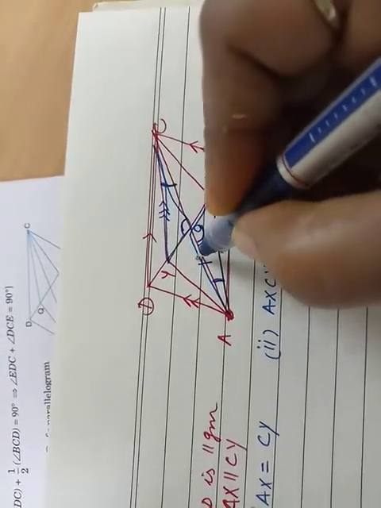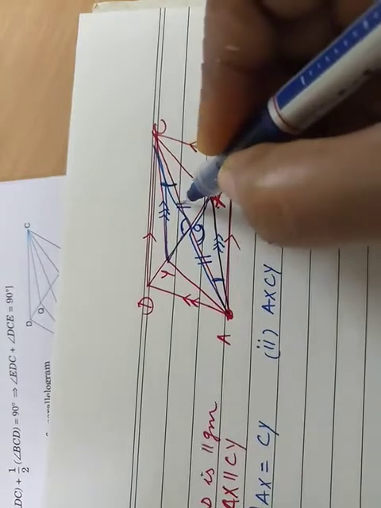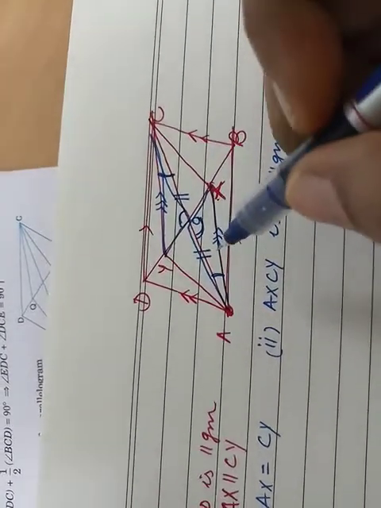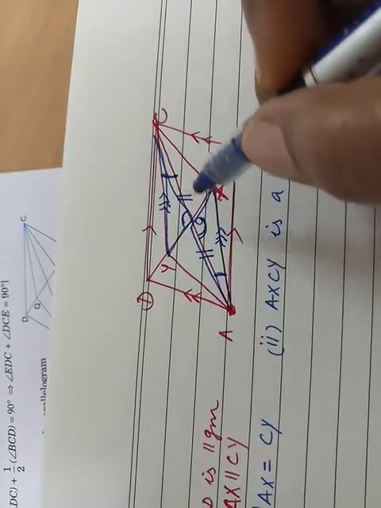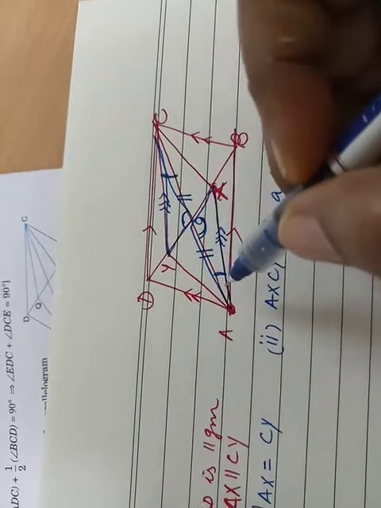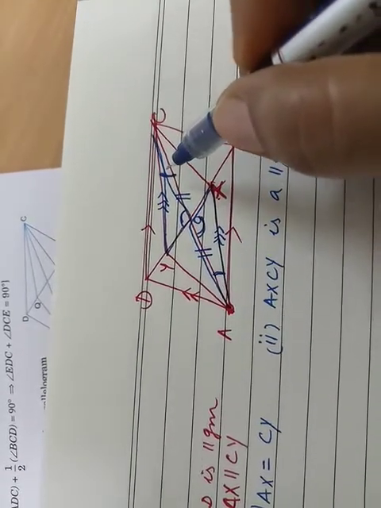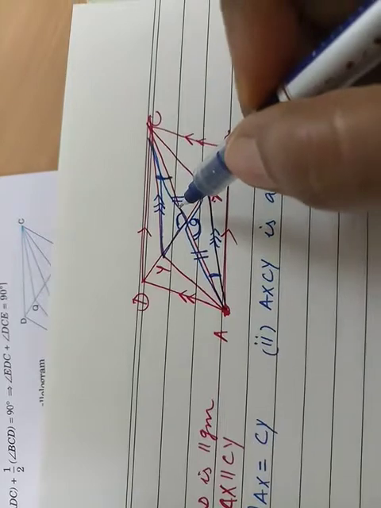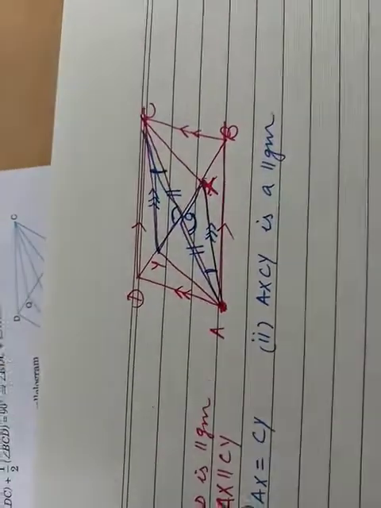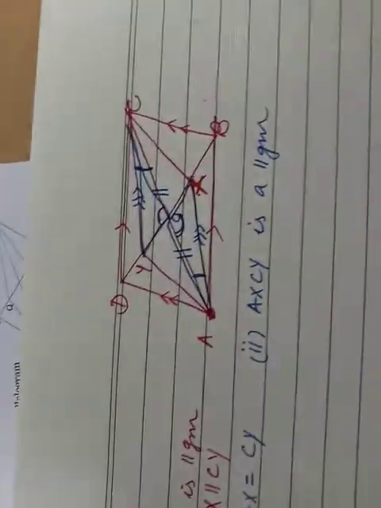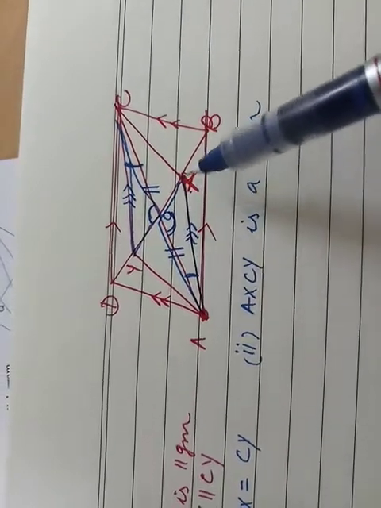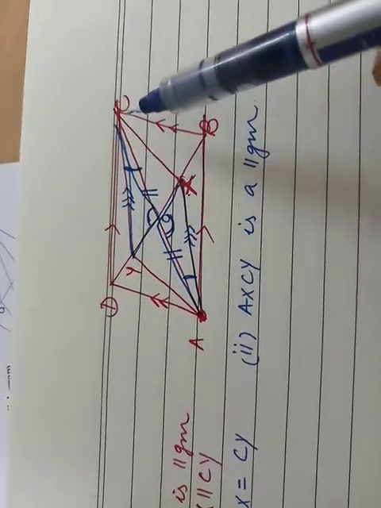And OA is equal to OC because we know that the diagonals of a parallelogram bisect. So OA is equal to OC, angle AOX is equal to angle COY, angle A is equal to angle C. Therefore, under the condition of angle, side, angle, the two triangles become congruent. The moment the two triangles are congruent, the remaining parts will become equal. Therefore, AX will be equal to CY.